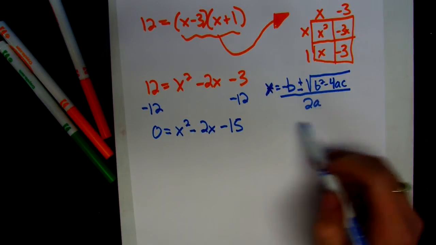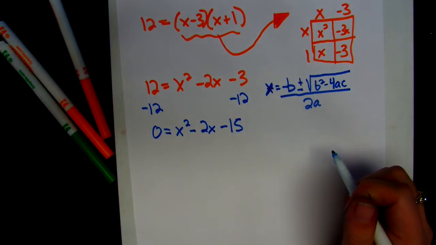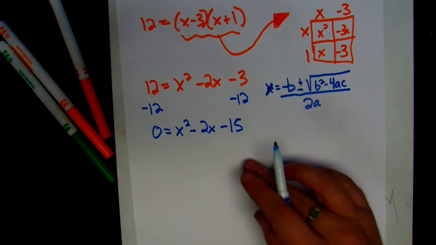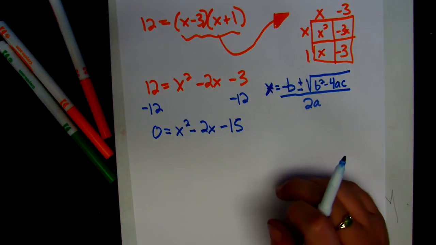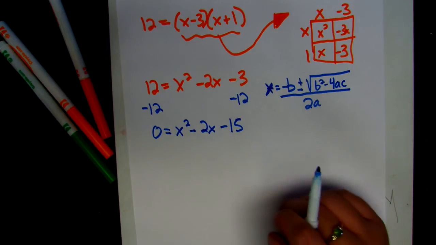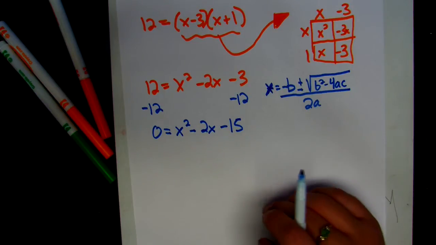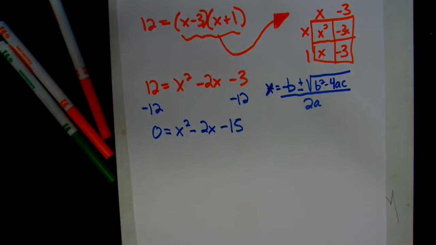So you can use that to solve for x, or you can factor, or if you use your calculator, you might be able to find answers using your calculator as well. So I will do all three ways so that you can see it.